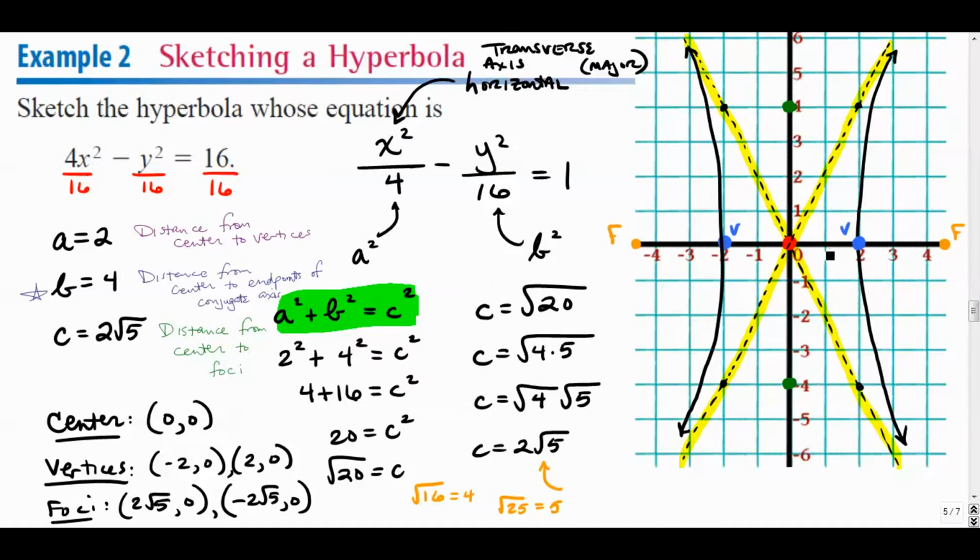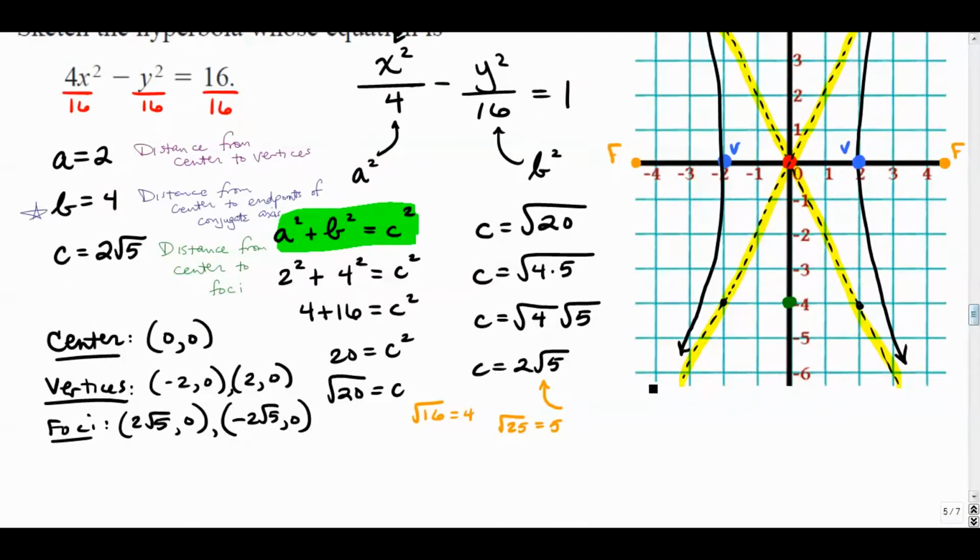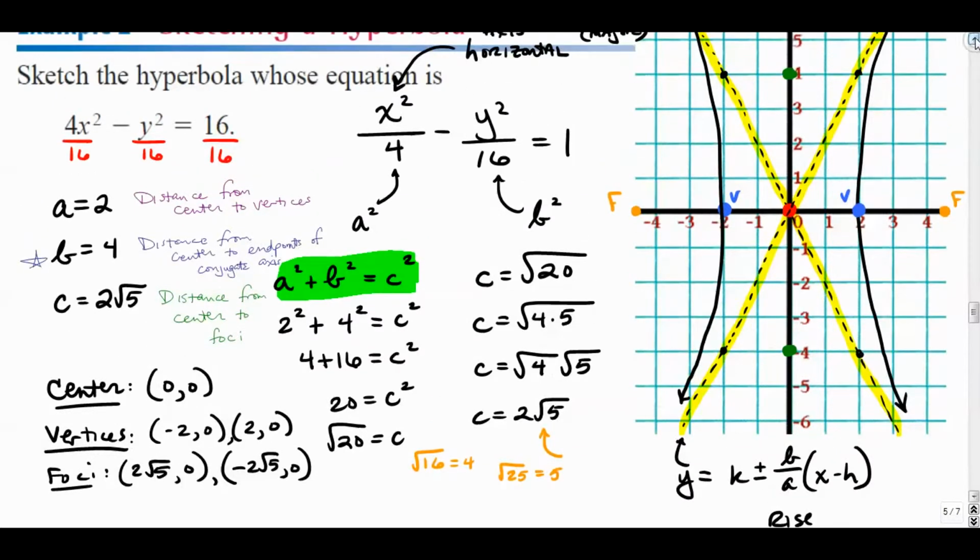Okay. The asymptotes themselves have equations. The equation for an asymptote is, in this case, given by this equation, right? It's b over a because that is rise over run. This is the slope of our linear equation. Rise over run is going to be, I mean, think about this.